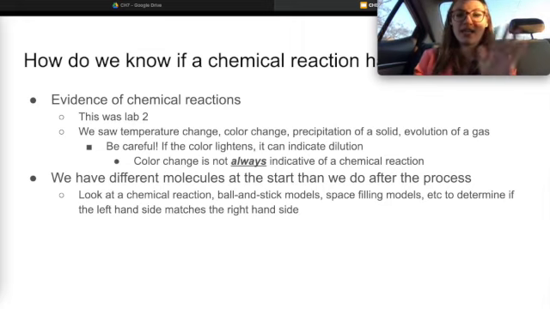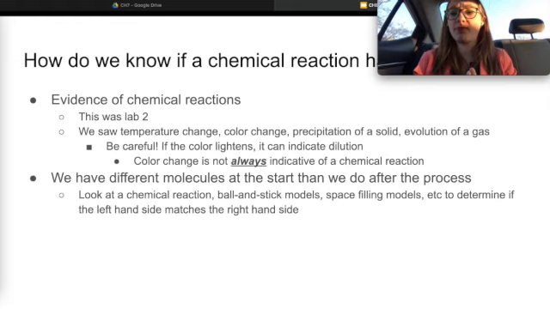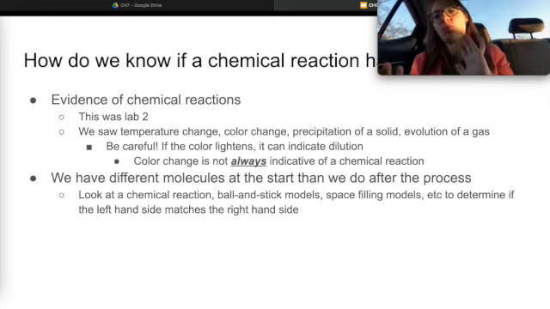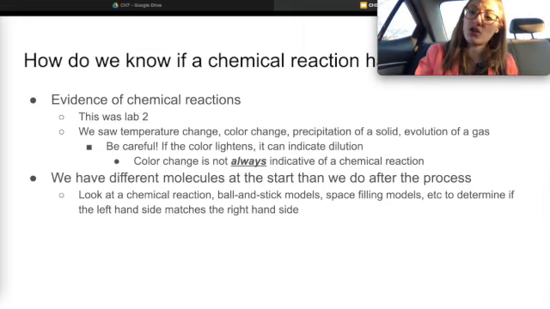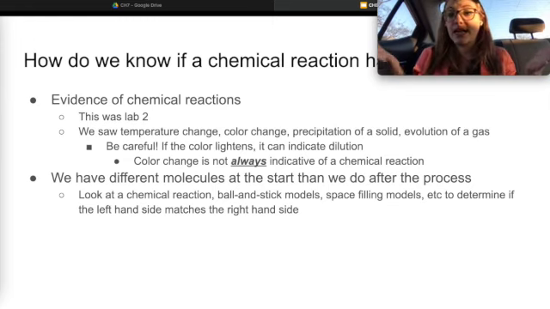If the color lightens, it can indicate dilution. So for example, in the post lab for lab 2, it asked a question about if you put water into coffee, is it a chemical reaction or is it a physical change? It's just a physical change. All we did was add a little bit of water to the coffee. Yes, the color of the coffee got lighter. However, all that is basically a cafe Americano.